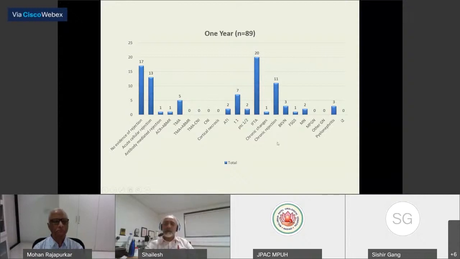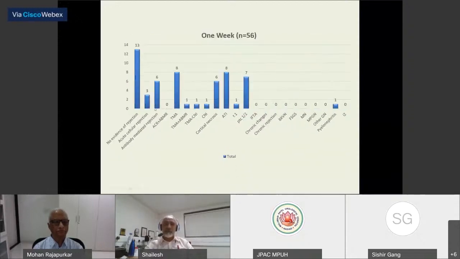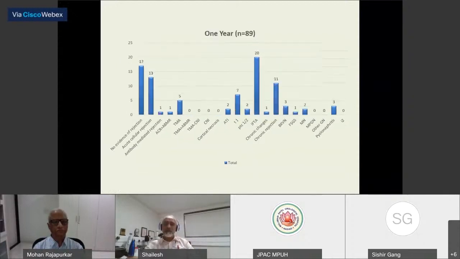So predominantly, up to 6 months of the post-transplant period, we find more acute pathology in the form of acute cellular or acute antibody-mediated rejection, whereas from 6 months onward it is more chronic changes in the form of chronic rejection process, IFTA, or some other glomerulonephritis changes, recurrence or de novo glomerulonephritis kicking in.